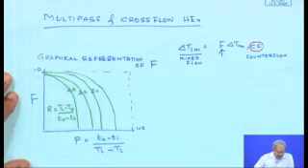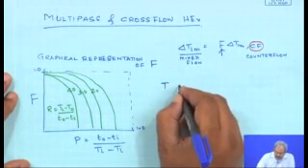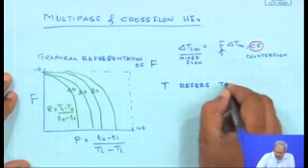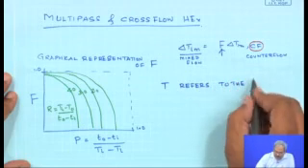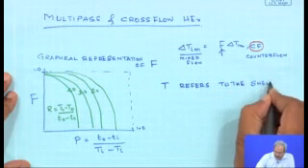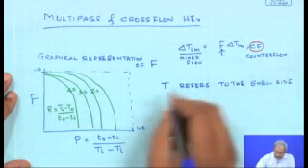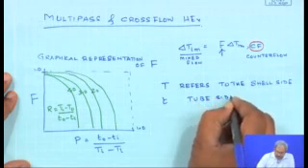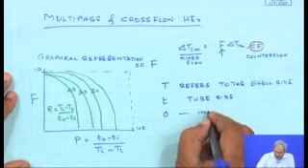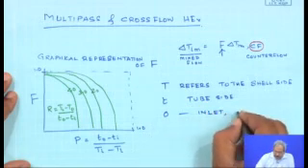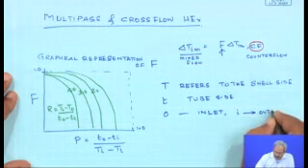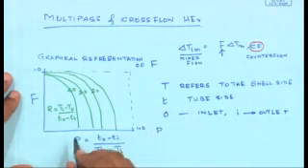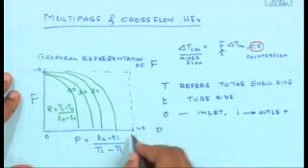Here, the temperature T refers to the shell side temperature, and t refers to the tube side temperature, o for the outlet and i for the inlet.